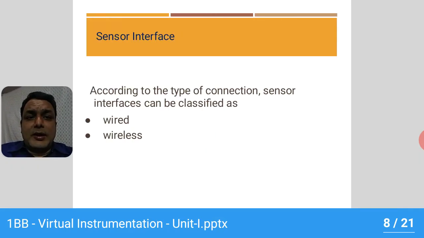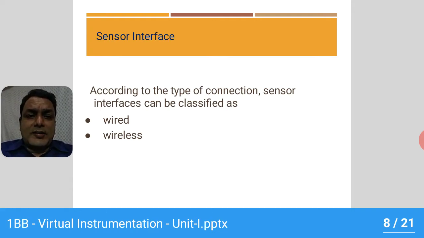Next, you have the sensor interface. According to the type of connection, there are different types of sensor interfaces, and they are classified into two types: wired sensor interface and wireless sensor interface.